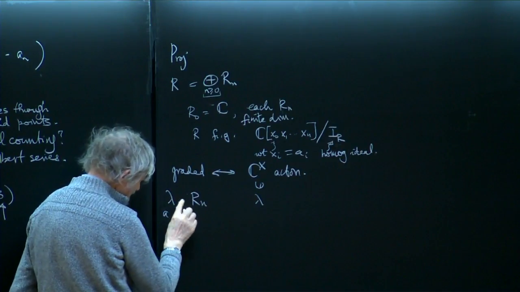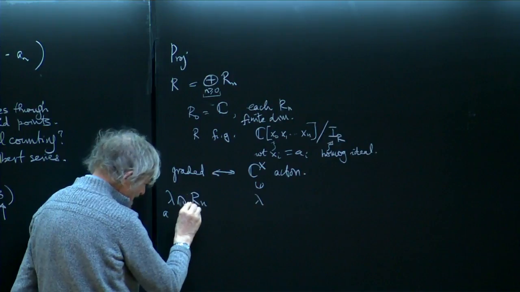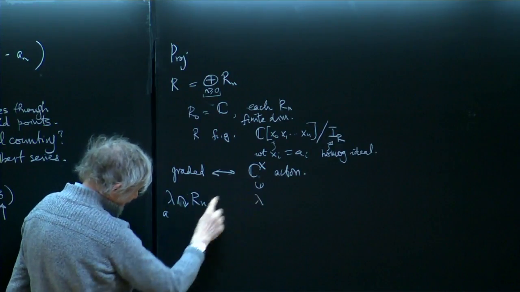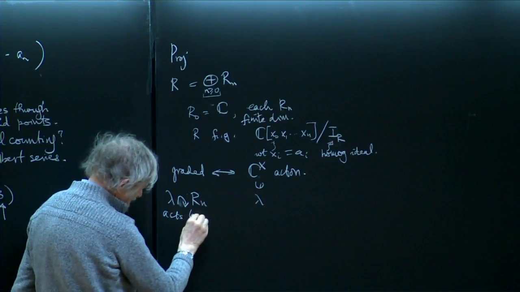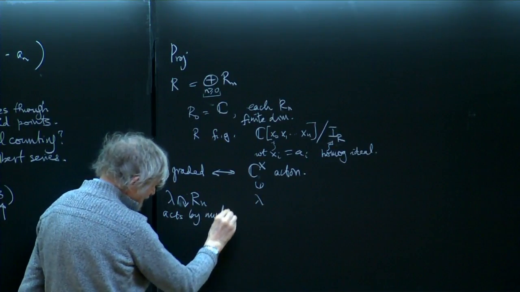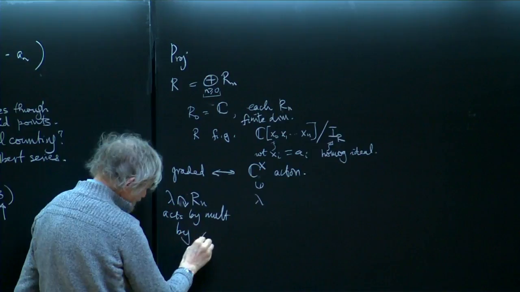C star acts on Rn by multiplication by lambda to the n.